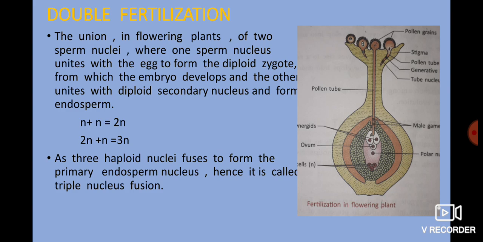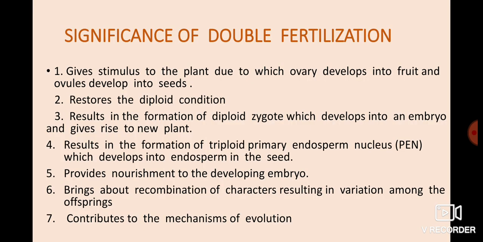Yes, it is also termed triple fusion, and this is the diagram of double fertilization, how it takes place, how the transfer is going on. So just go through it. Since you are studying double fertilization, why does this process occur? There are certain significances. It gives a stimulus to the plant, so the ovary develops; obviously it will send the signal, and the ovary will develop into fruit and the ovule into seed.